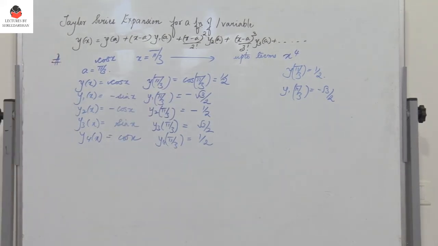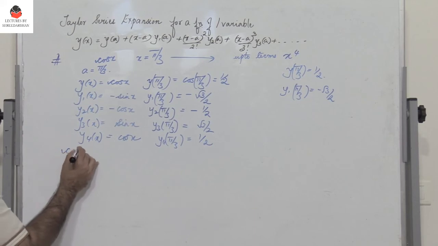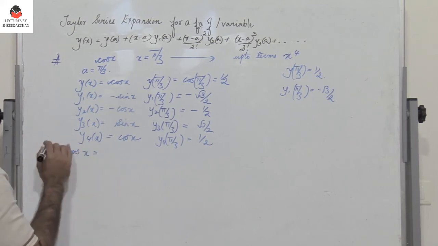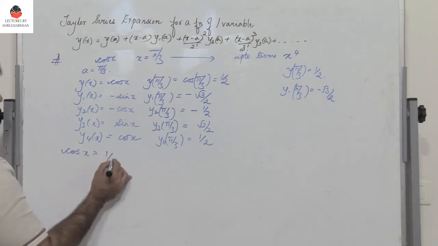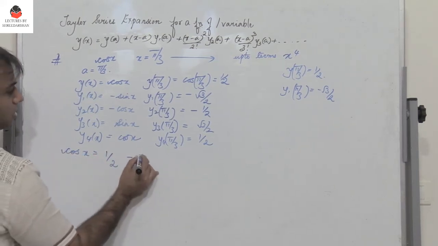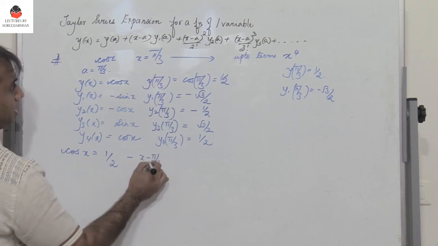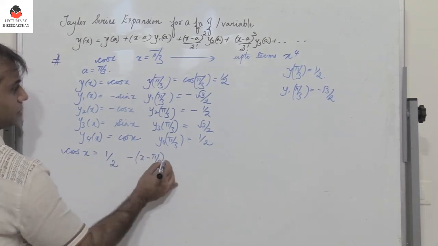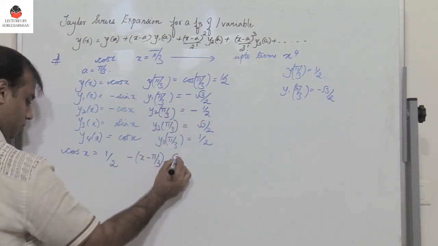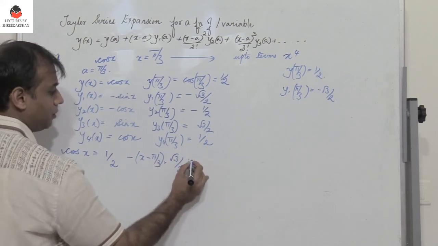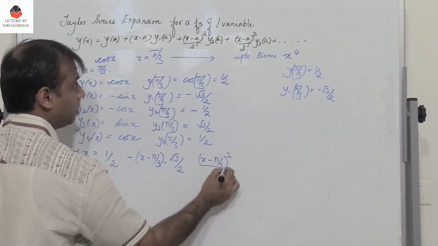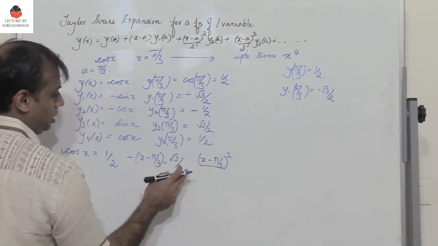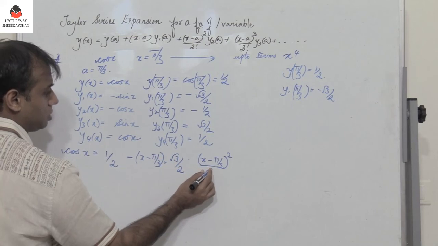Let's substitute them. So we have y of x is nothing but cos x equals y of pi by 3 is 1 by 2. And then minus x minus pi by 3 into root 3 by 2. And then you have x minus pi by 3 the whole square divided by 2 factorial, which is 2.